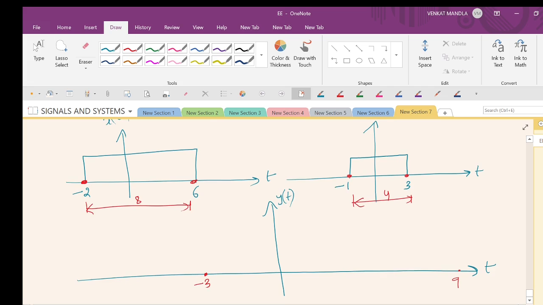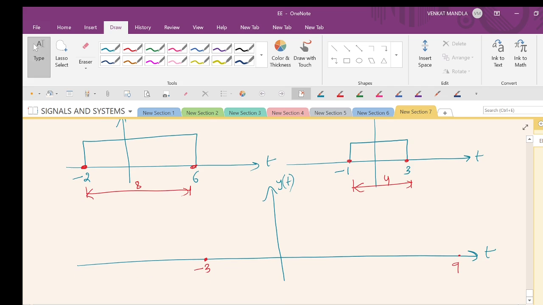Right? The inclined lines are at 4 units from the extreme points. So from this to 4 units, let us say some point here. This point must be 4 units distance from the 9, that is 5.